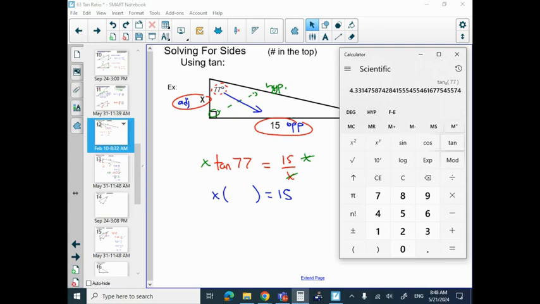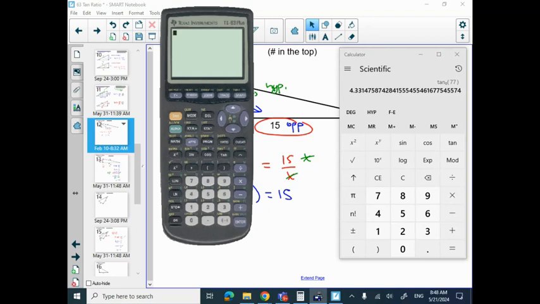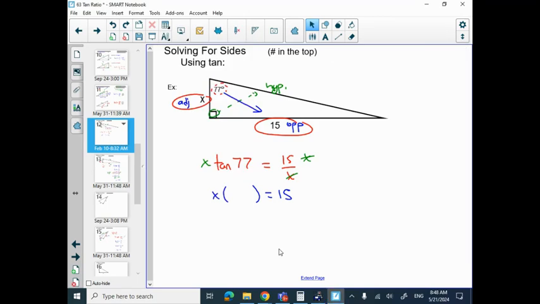On this calculator, lots of calculators, more modern calculators, you do tan first. So you hit tan and then 77, and you can see on the screen it's doing tan of 77. And then you press enter. Okay, so 4.33 or so. So I'm going to do 4.33, meaning I'm keeping more decimals, and keep a reasonable amount at least.